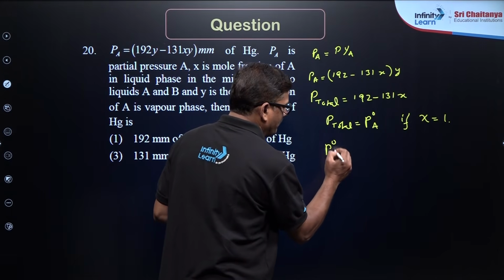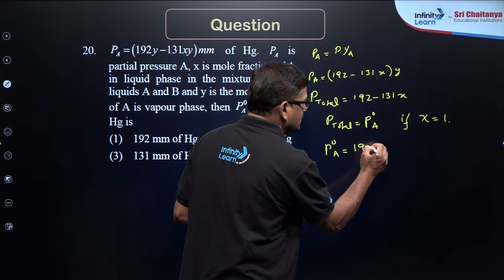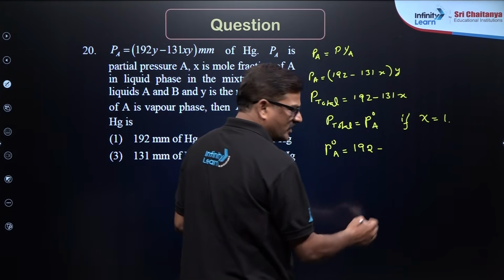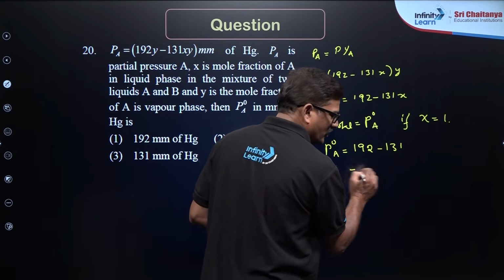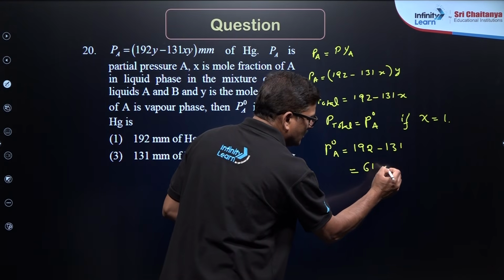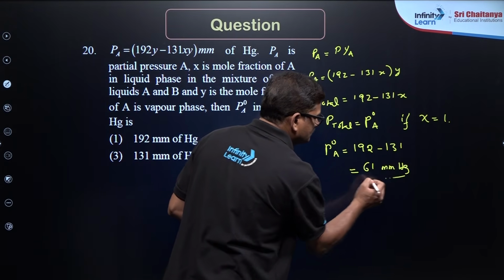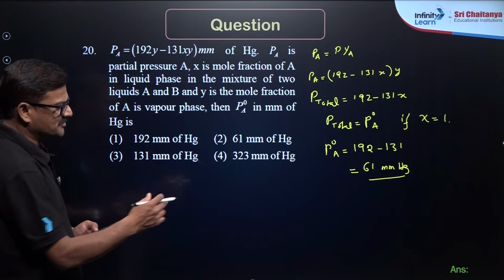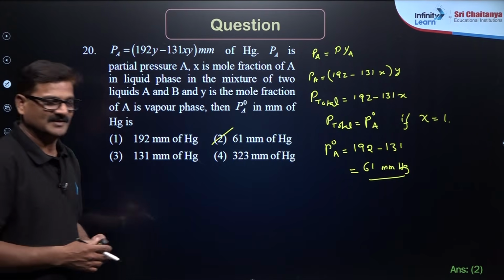P naught A is going to be 192 minus 131. On doing so, we will have 61 millimeter mercury. So, option 2 is the correct answer for this question.